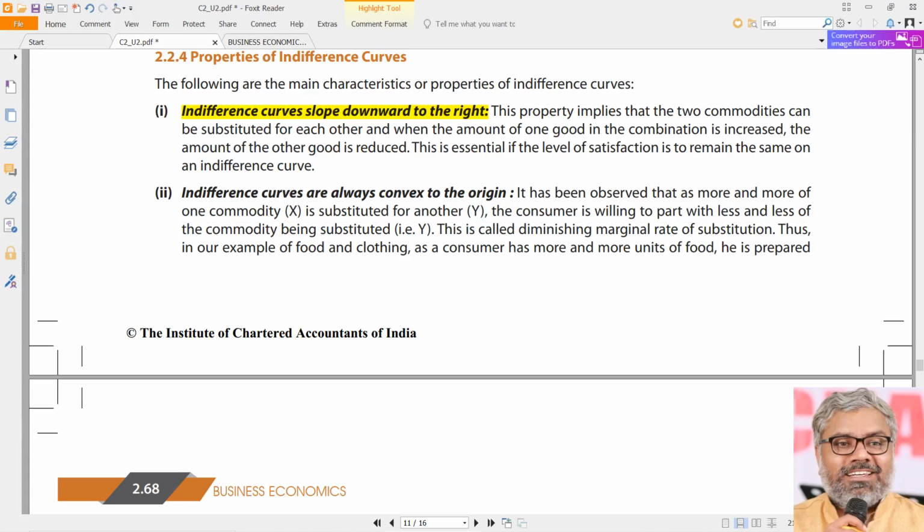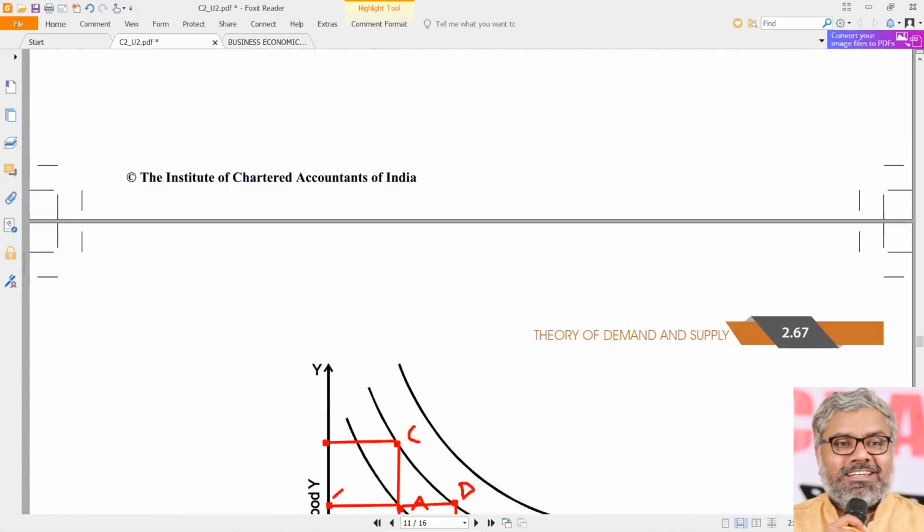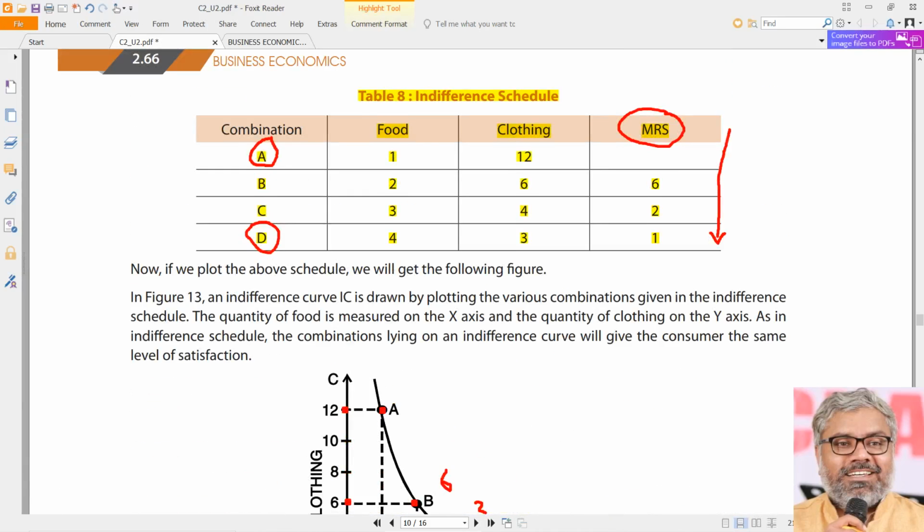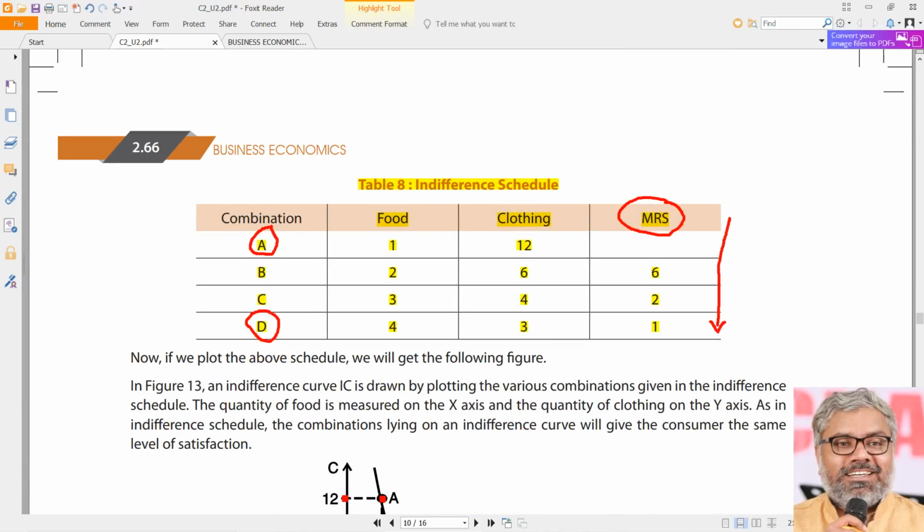And if we just recollect the example that we have taken as a data table, combinations A, B, C, D have these combinations of consumption of food and clothing. And if you observe, as the consumption of food is increasing, the consumption of clothing is decreasing.